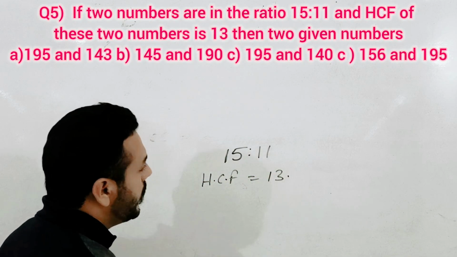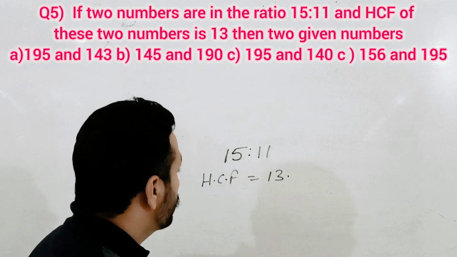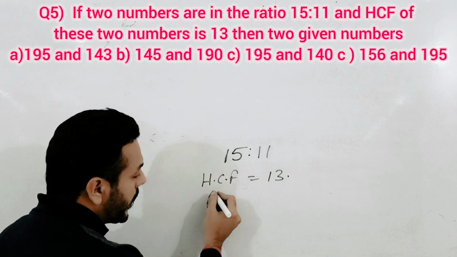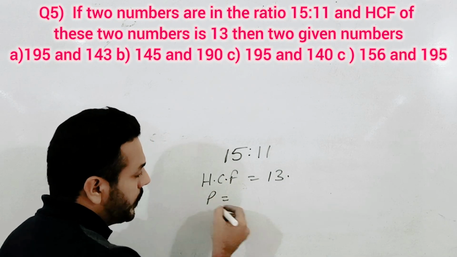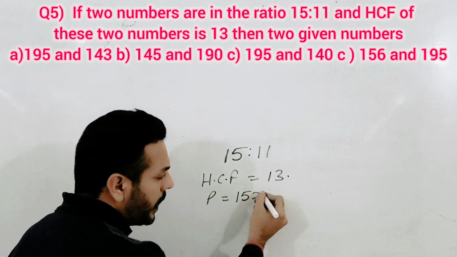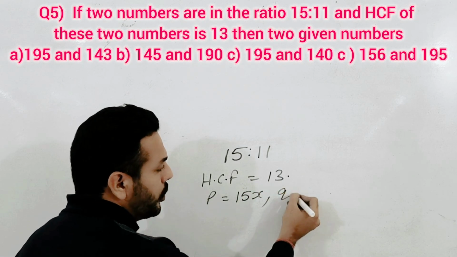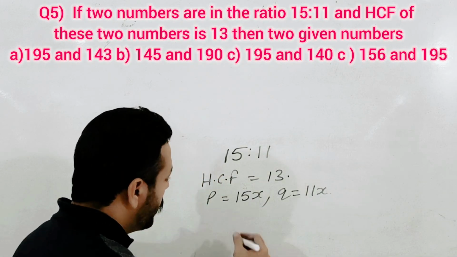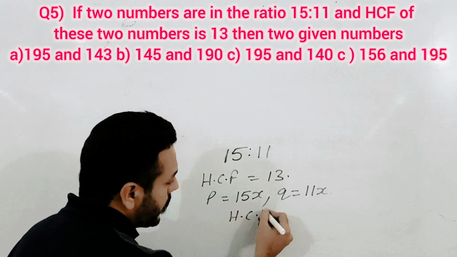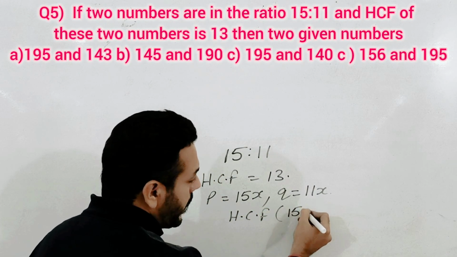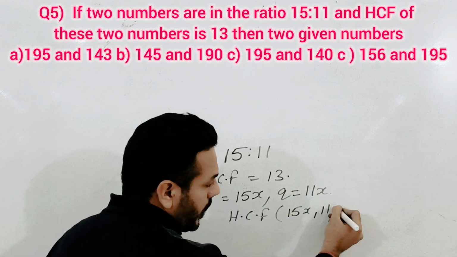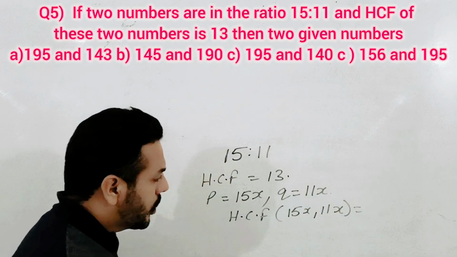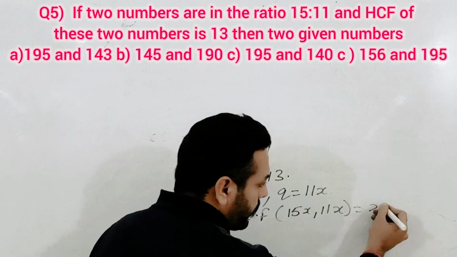We know that if numbers are in a ratio, suppose P is the first number in the form 15x, and the second number Q we write as 11x. Now we find the HCF. The HCF is the highest common factor, which here is x.